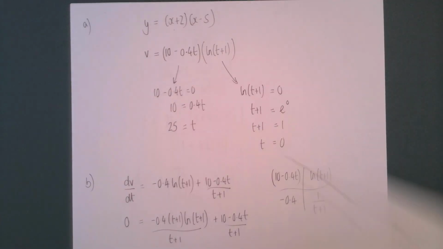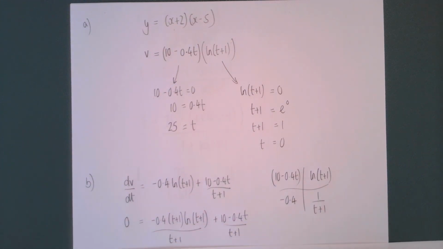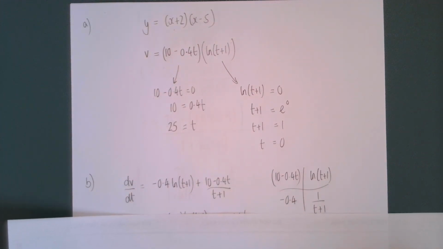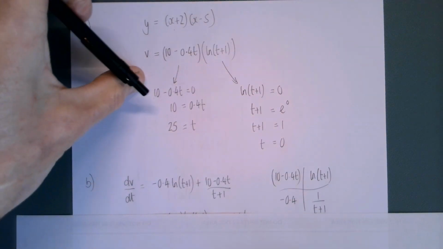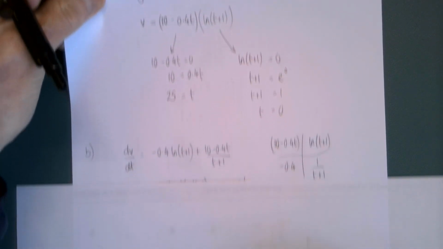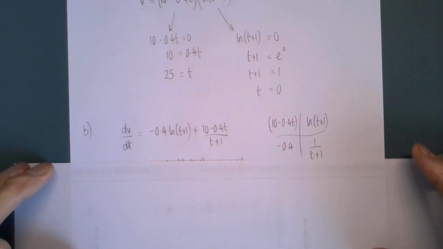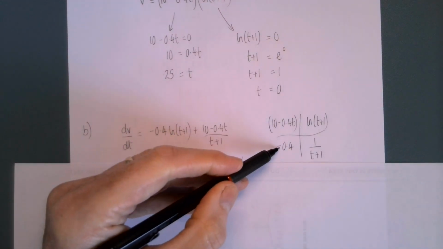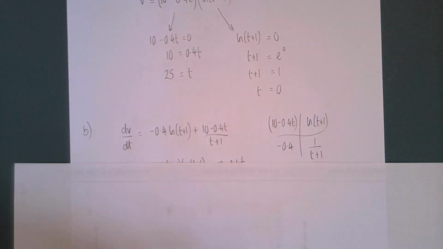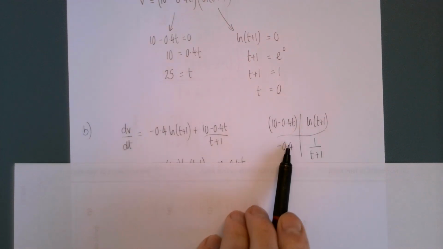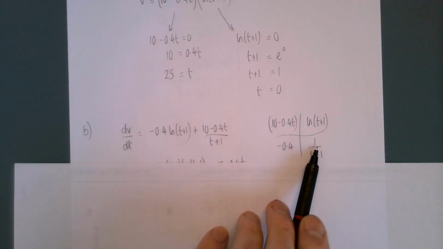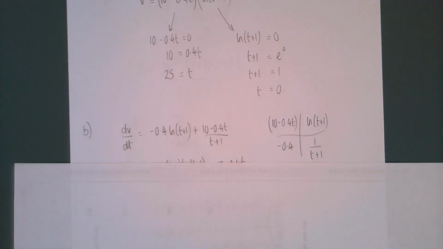I set up my little windows and differentiated, and it started off looking quite horrible, but actually it's not super bad, because this differentiates to make that, that differentiates to make that. Remember the product rule, v du by dx plus u dv by dx gives me this.